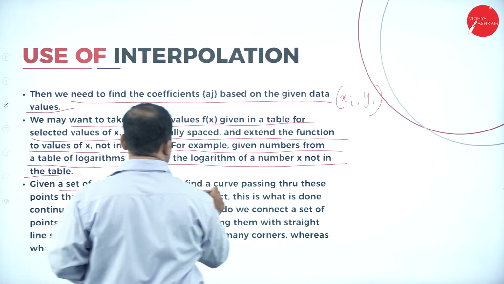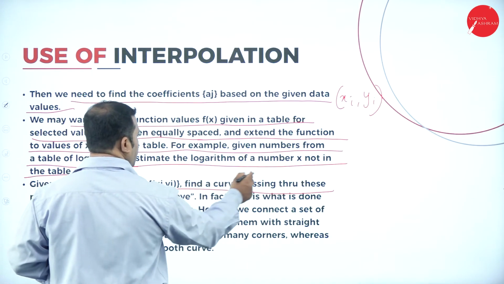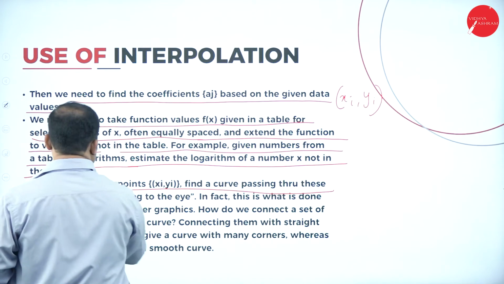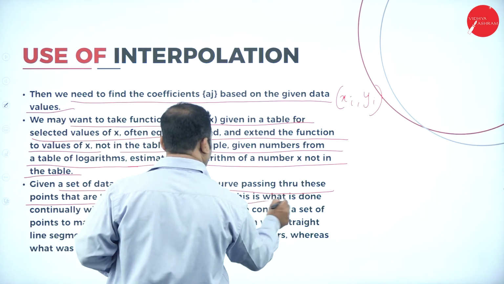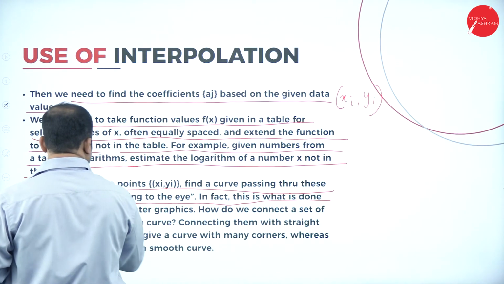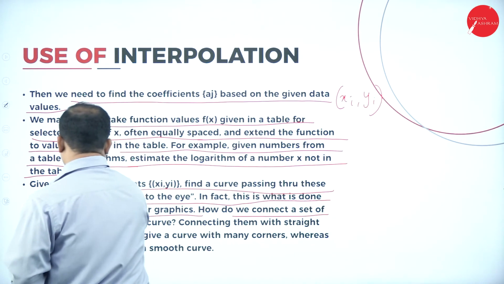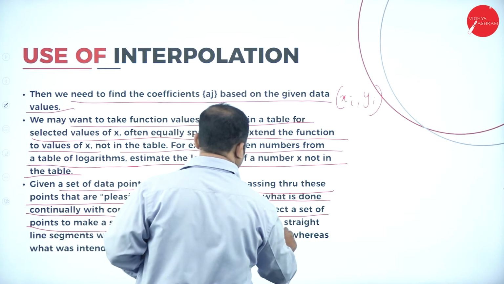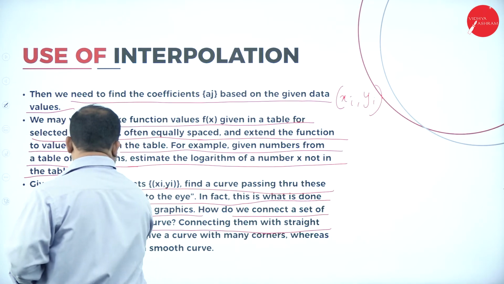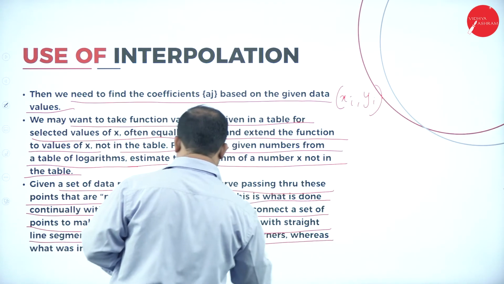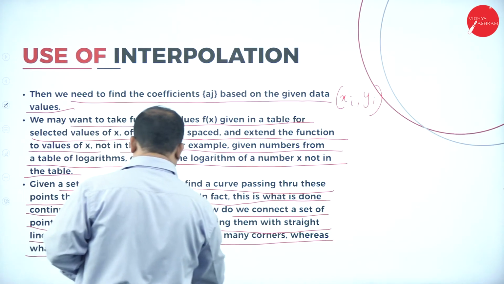Given a set of data points xi, yi, find a curve passing through these points that is pleasing to the eye. In fact, this is what is done continually with computer graphics. How do we connect a set of points to make a smooth curve? Connecting them with straight line segments will often give a curve with many corners, whereas what was intended was a smooth curve.